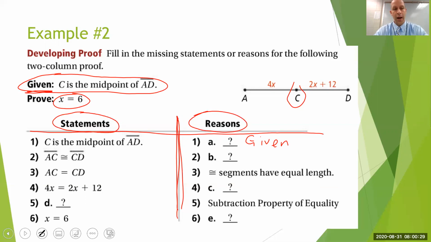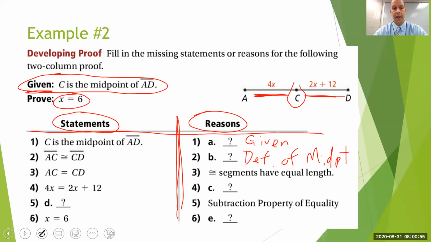Statement 2: why is segment AC congruent to segment CD? Why is this segment congruent to this segment? Well, C is the midpoint. That's the definition of a midpoint. That's literally the definition of a midpoint. That's the reason we define a midpoint in that way.